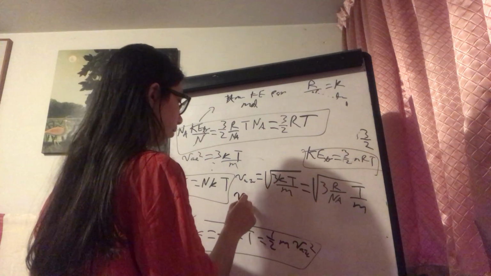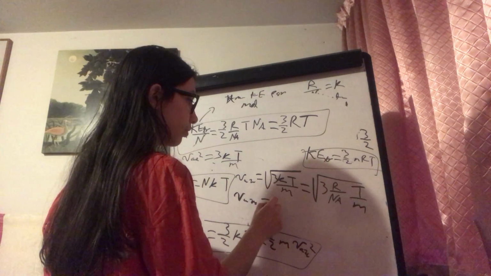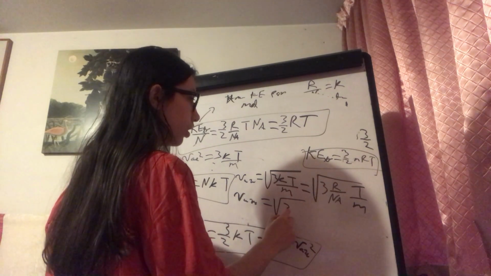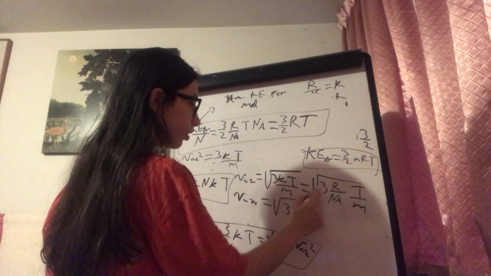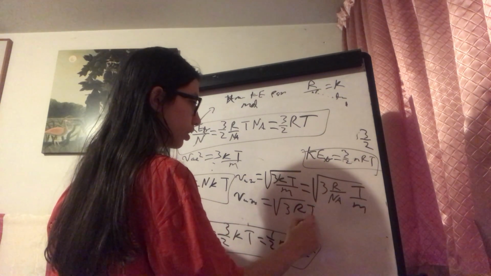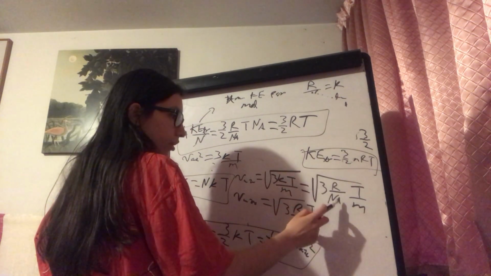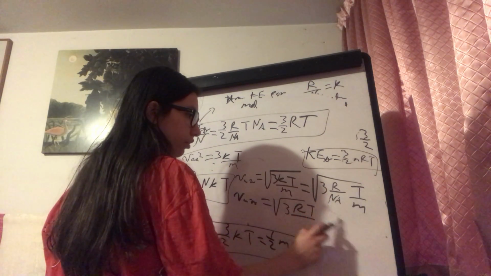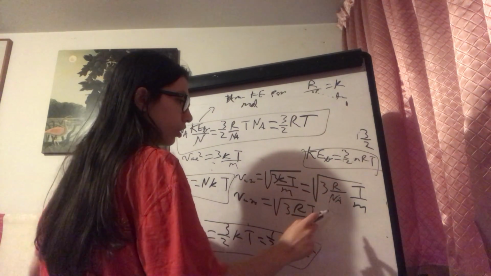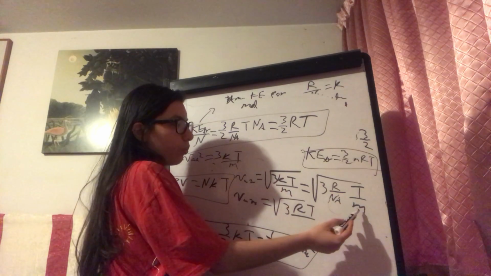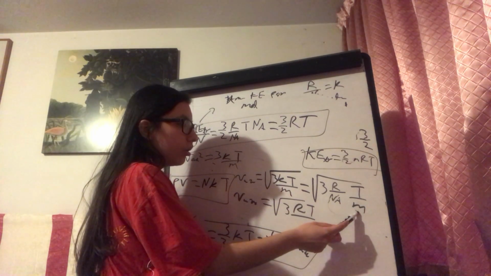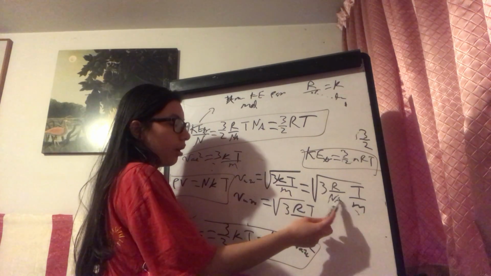So we have the average velocity is also equal to the square root of 3 times the universal gas constant times the temperature divided by this, the molar mass. So this is the weight of just one molecule in Daltons. This is Avogadro's number.